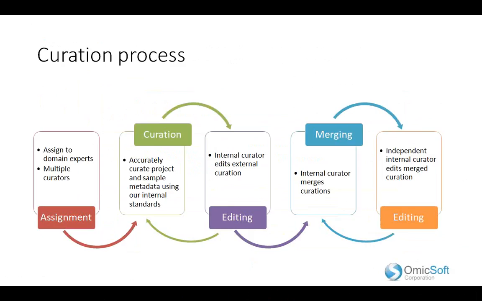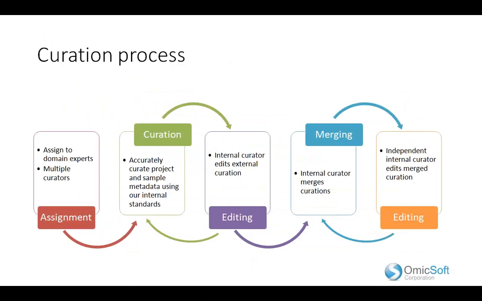If there are any problems or errors, we kick it back and ask these curators to modify the results, and sometimes they go back and forth several rounds until the results are acceptable. Then the curated results from different curators go to our internal merger.